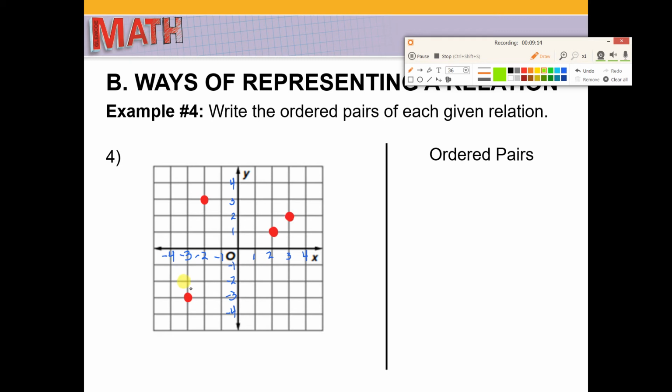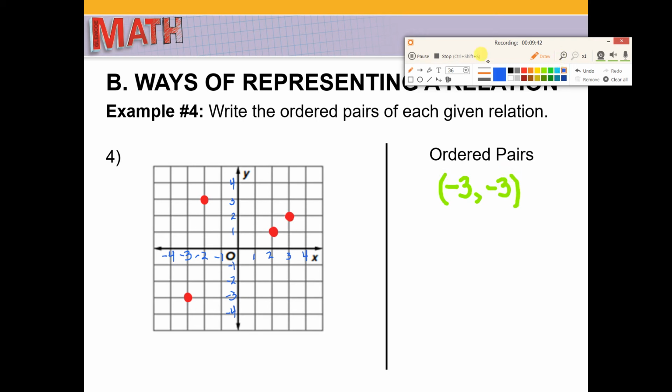Let's look at this point first. So this point is from here and here, right? So the x value of this is -3 and the y value is again -3. How do you write that in ordered pairs? That would be -3, -3.